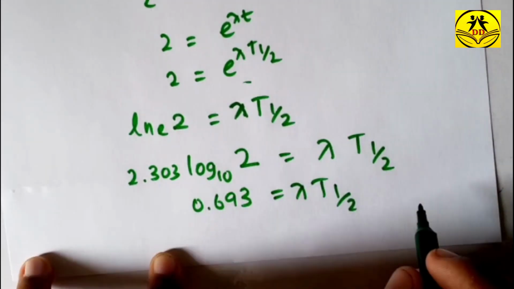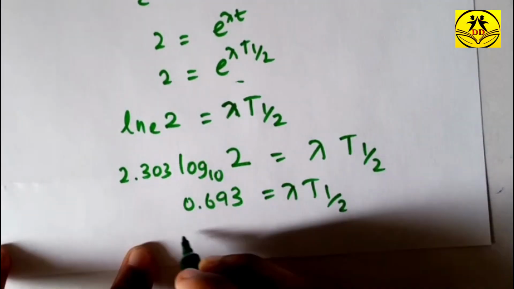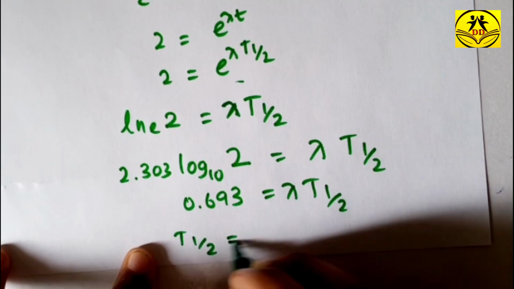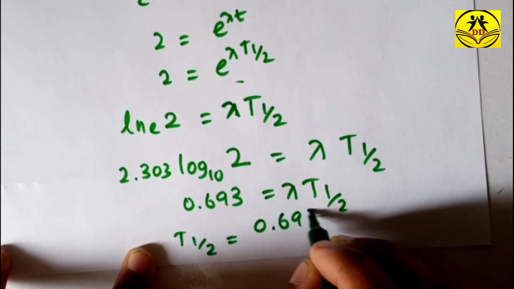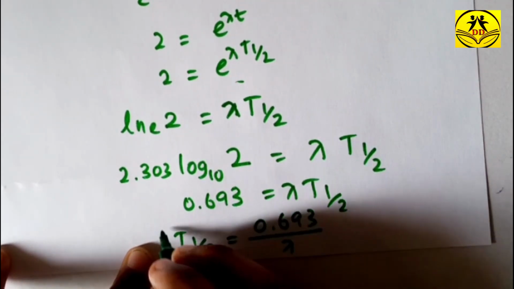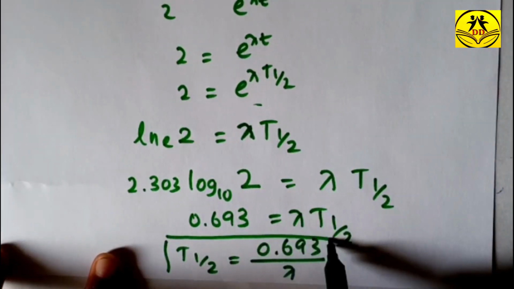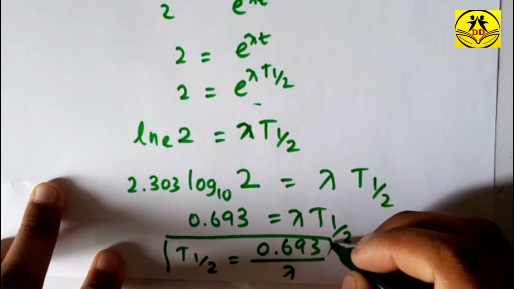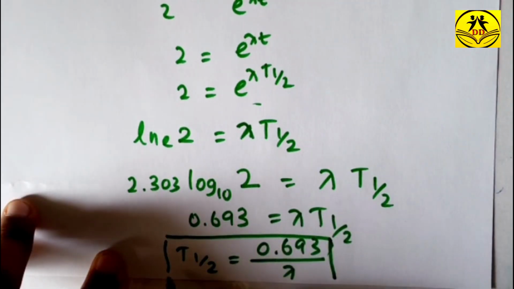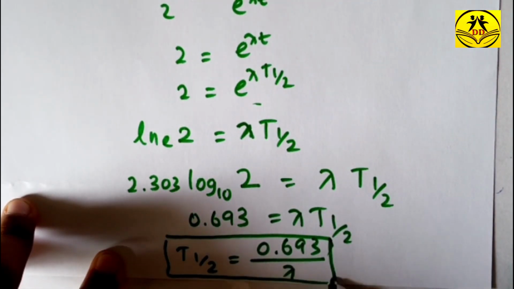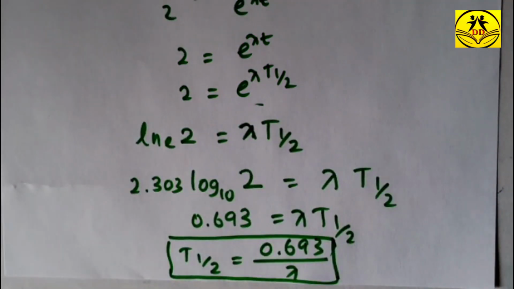So I'm getting an equation for t half, which is 0.693 divided by lambda, the decay constant. This is the equation you need not derive, but you can memorize it and directly use it in calculations.